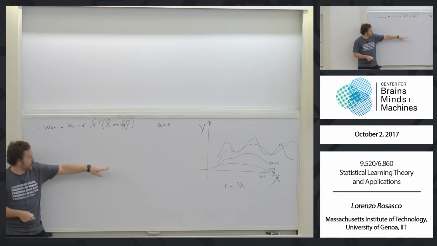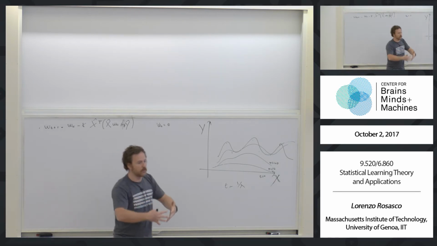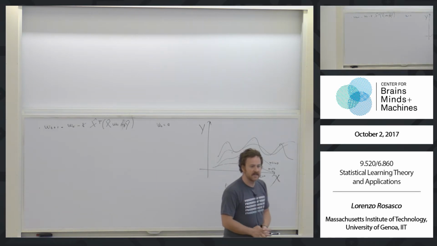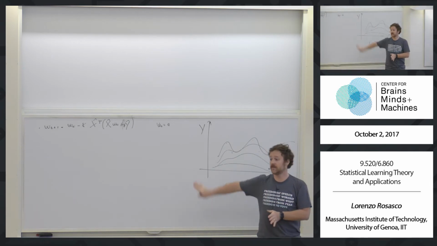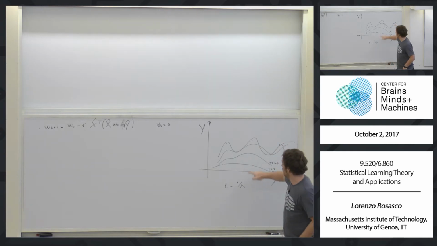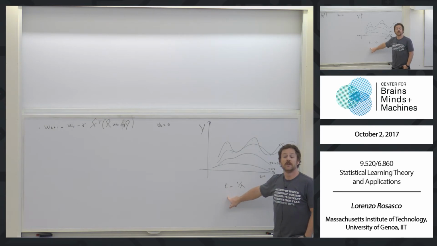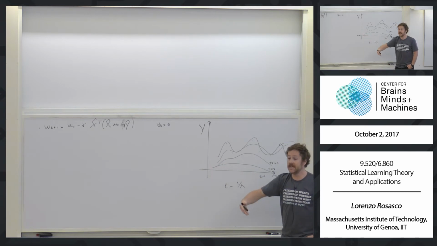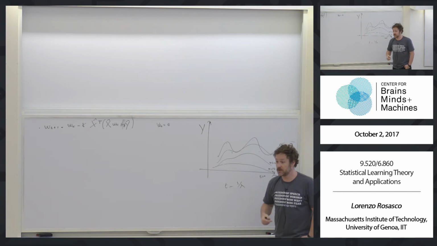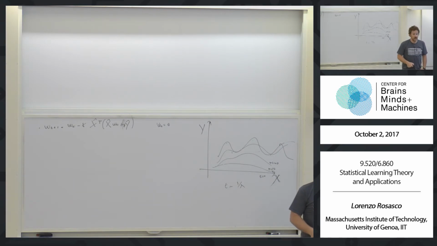But that's why this point of view is interesting, because you would be able to take computational and statistical aspects at once, at least for now the time aspect of the problem. Notice that if t was 1 over lambda, then I would actually be automatically computing the regularization path while I run my algorithm. Every step I take, I'm just considering a potentially more complicated solution, one that can fit more.